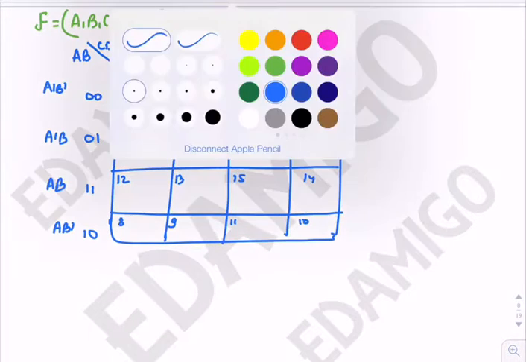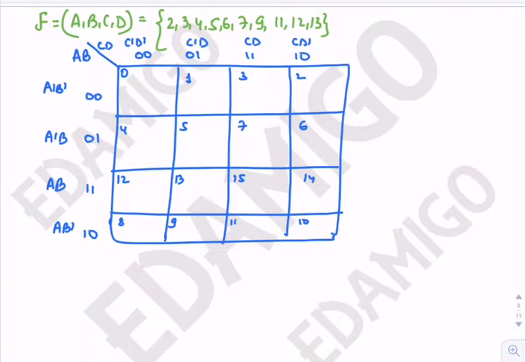Okay, so let me mark all these. So we can see 2 is there, 3 is there, 4 is there, 5, 6, 7, 9, 11, 12, 13.